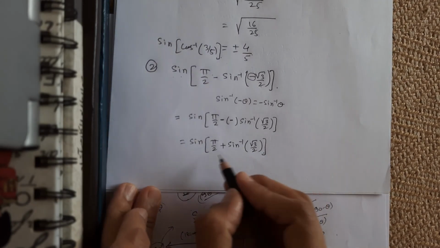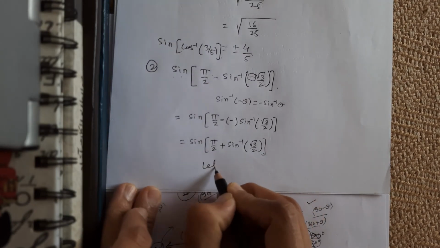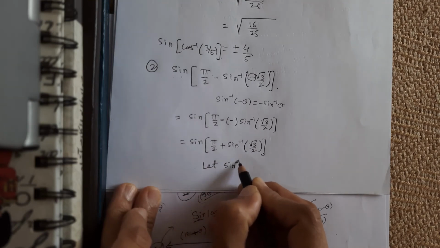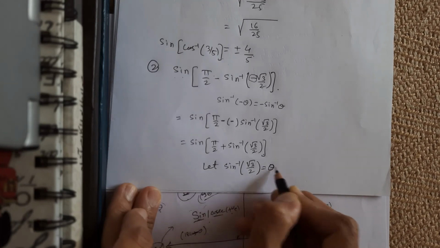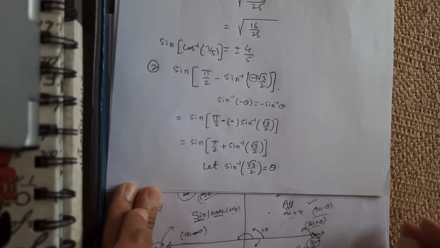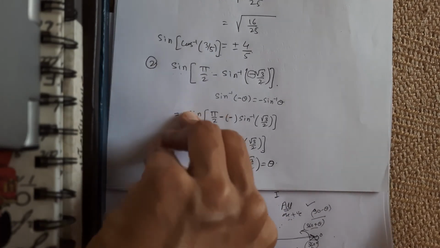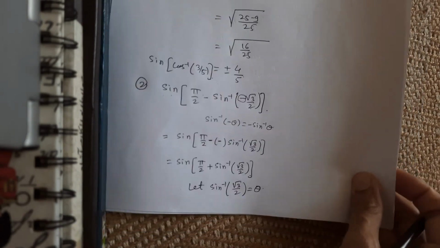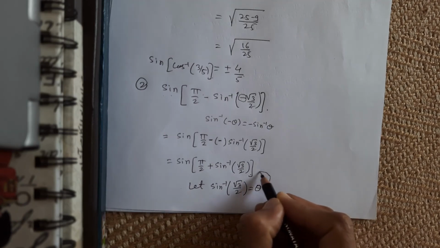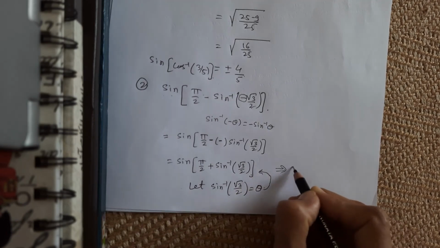Right, now I am just assuming this sine inverse of root 3 by 2 equals theta. If you substitute this value here, what will you get?